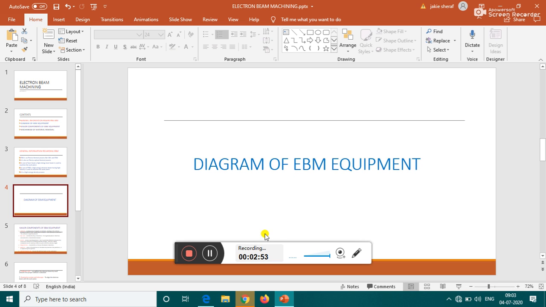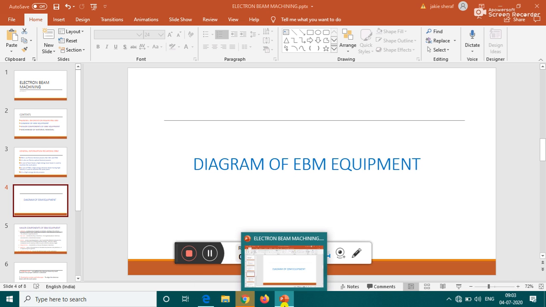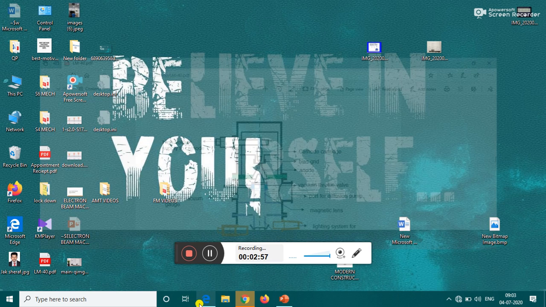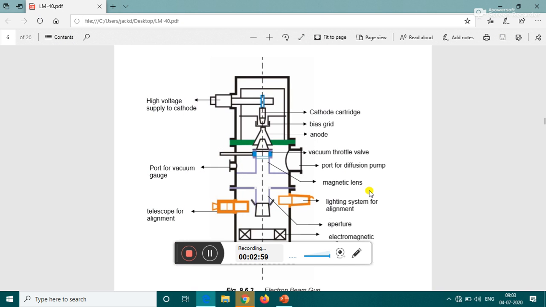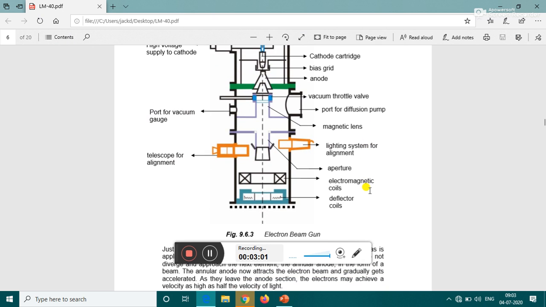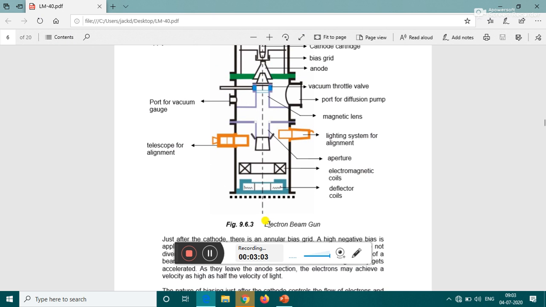As I already told, the heart of the EBM equipment is the electron beam gun, written here. This is the most important part of the electron beam machining apparatus, because this is the part which produces the beam of electrons.